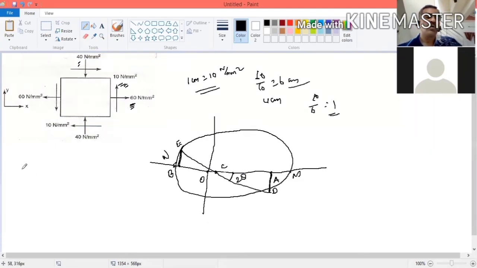Now distance OM is equal to sigma 1. You measure the distance, multiply with 10. It will give the value of sigma 1. What is theta? 2 theta we know. You divide by 2, that will give the theta value. Right? Sigma 2, that is ON distance into 10. It will give the value.